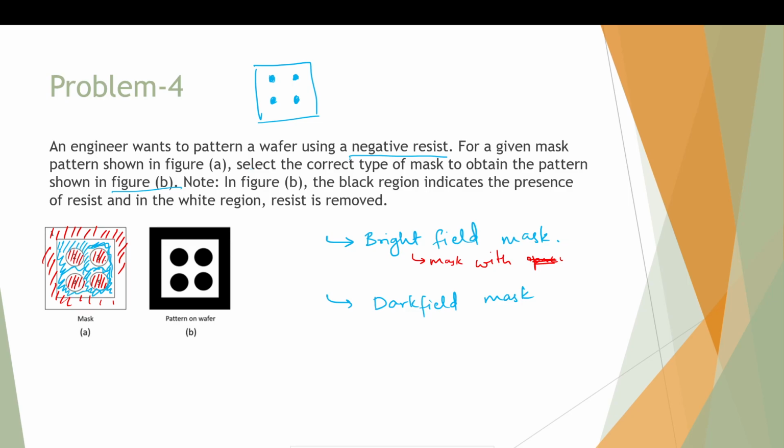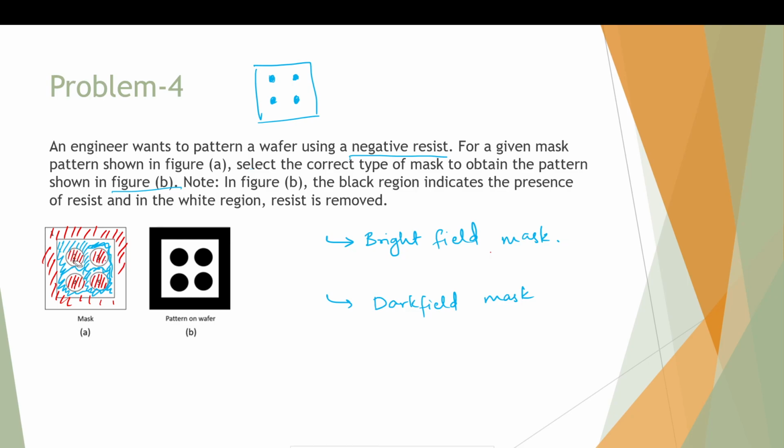We'll worry about whether it's dark field or bright field later. But first, should the opaque portion be in the blue region or the red region? Red region. So the chrome should be in the red region.